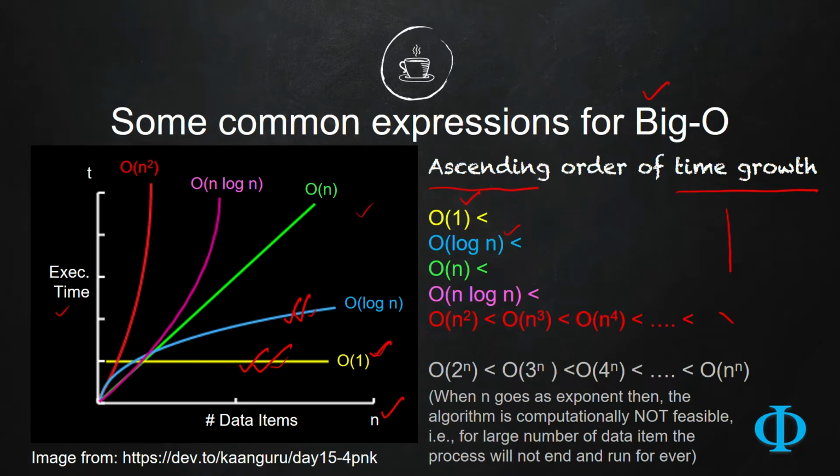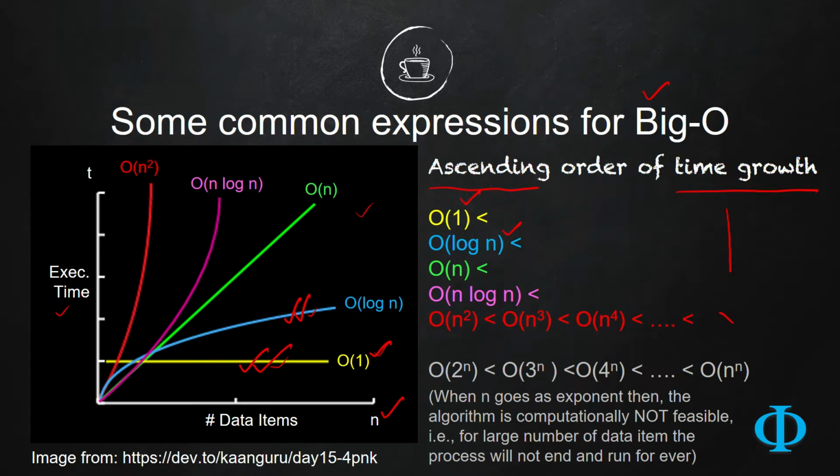If the growth is slow, that is a desirable property of an algorithm. So if, for a problem, you can design an order of 1 or order of log n algorithm, that is very desirable, because the time is not growing, or if growing, it grows very slowly.